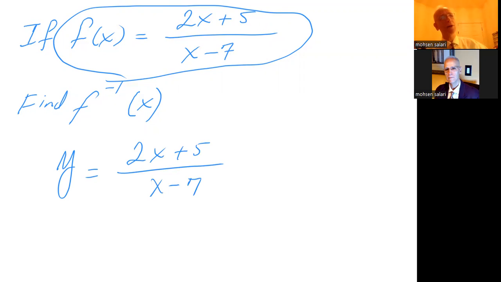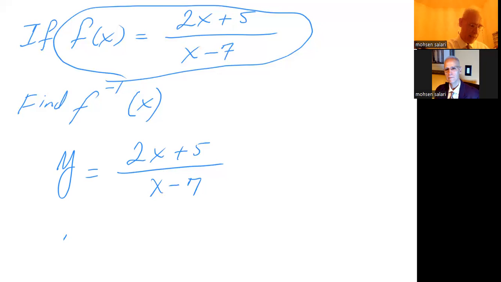Now, remember that we talked about how the domain of f of x is the same as the range of f inverse of x, and the range of f of x is the domain of f inverse of x. So I'm going to use that fact, and for now, step one, I'm going to go ahead and swap the x and y's.